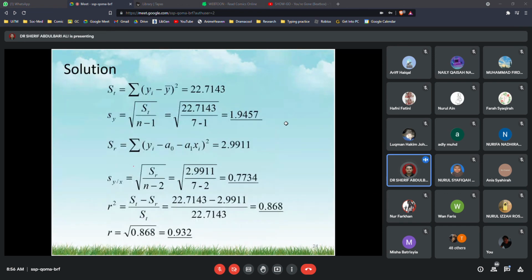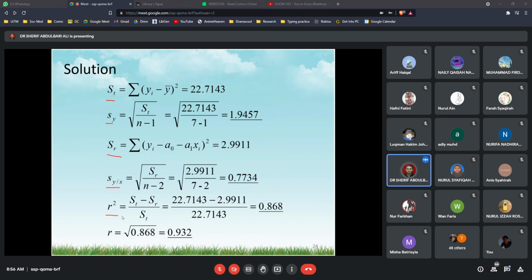So you need to get the value of ST, SY, which is how the data is distributed around the mean, SR, the sum of squares of the residuals around the regression line, SYX, how the data is scattered around the regression line, and the value of R square.